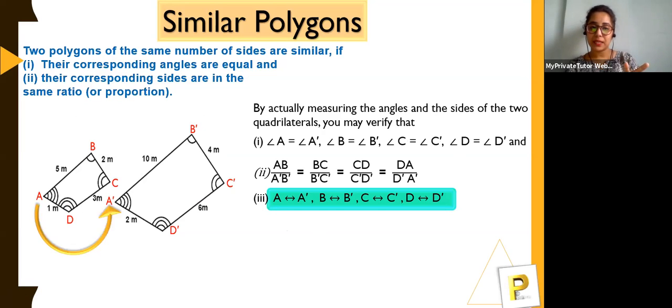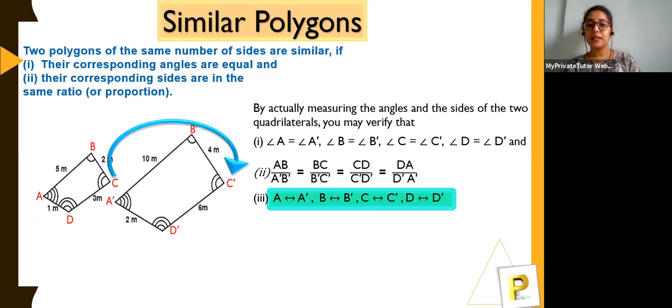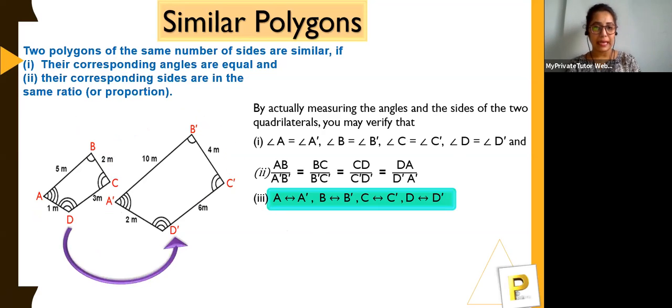That means both of these are equal. Angle B corresponds to B dash, both of these are equal. C corresponds to C dash and D corresponds to D dash. This is what is explained in the third point, that corresponding means both of them have equal measure.